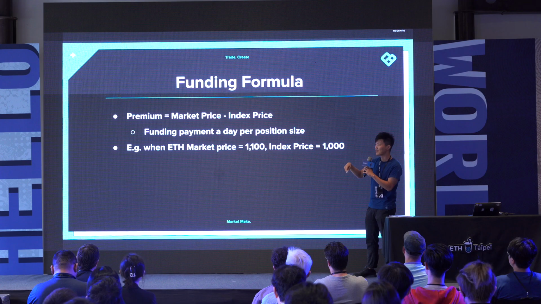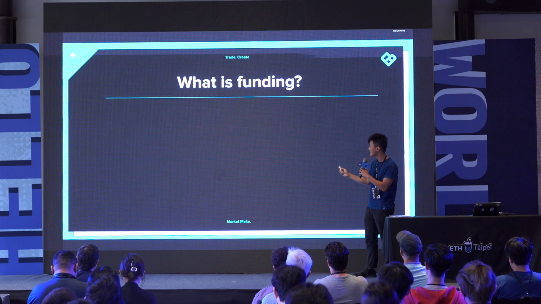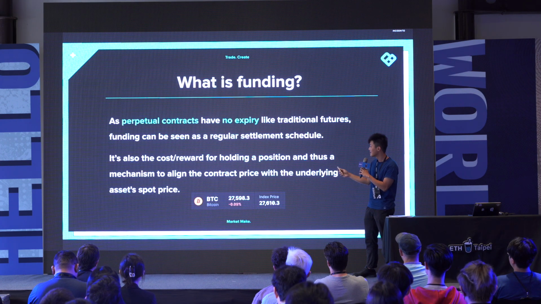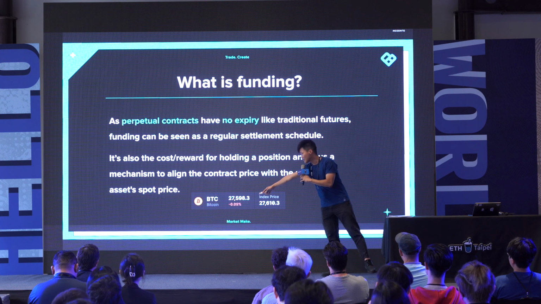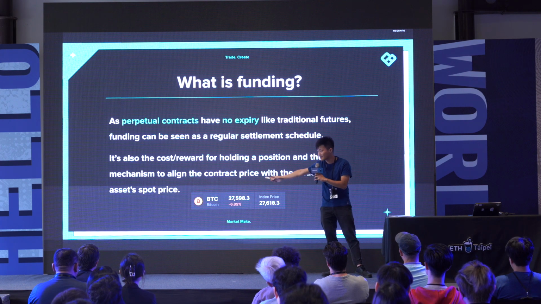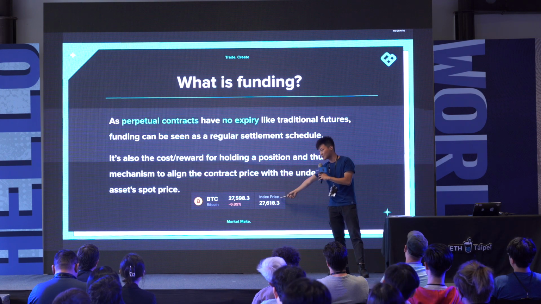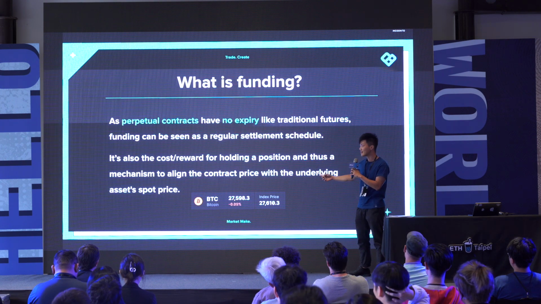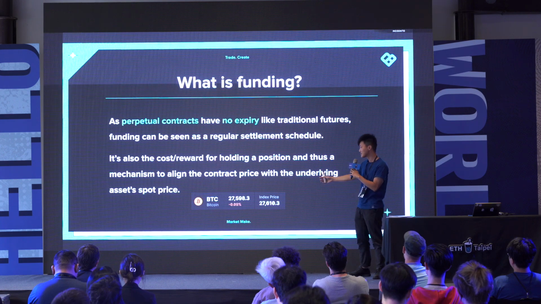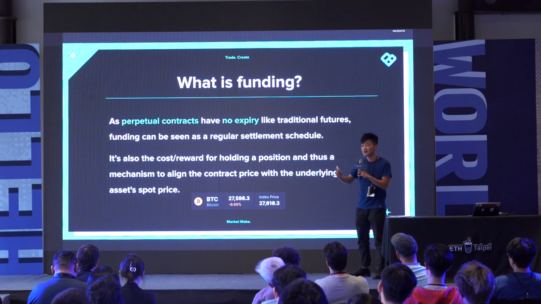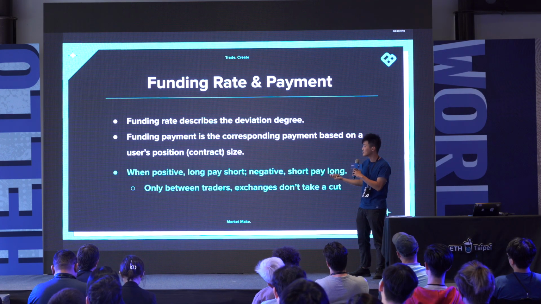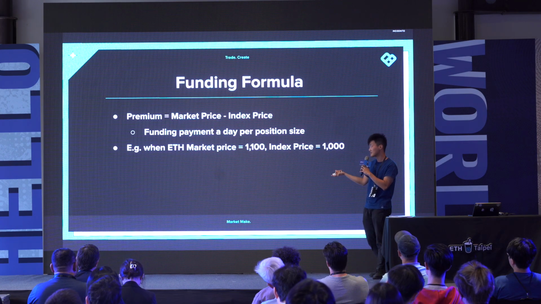In the previous example, here, it's the listed price. So we call this price, the price on a derivative exchange, the market price. And this is the index price. As I said, it's the spot price of this BTC on other spot exchanges. So premium is just the difference between those two prices.